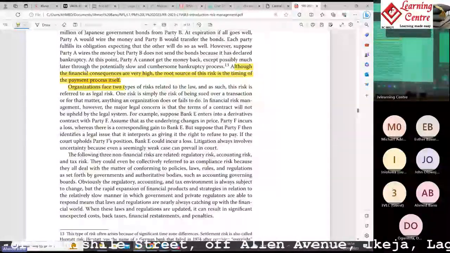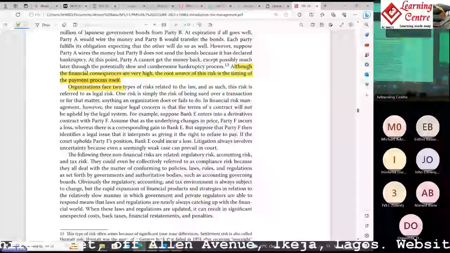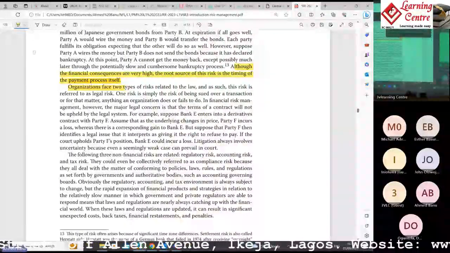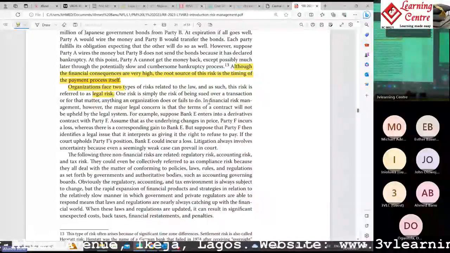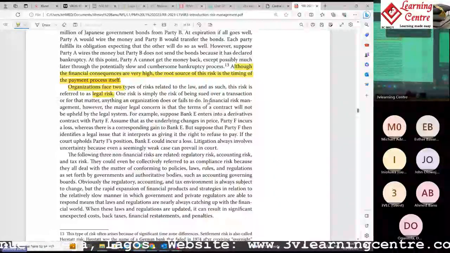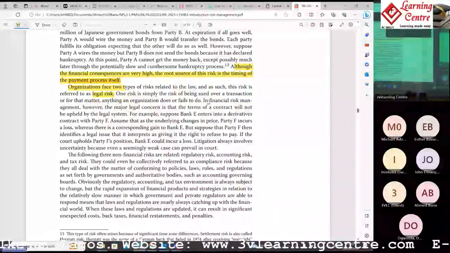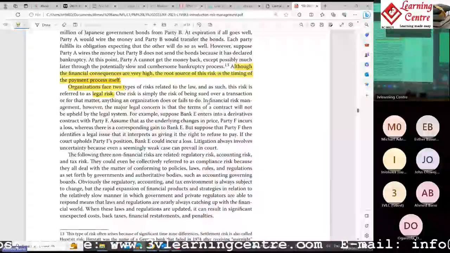Okay, so organizations face two types of risk that are applicable to law, and we call it legal risk. The first one is the risk that you can get sued. You do a transaction, the transaction doesn't go well, and your counterparty sues you. That is legal risk.